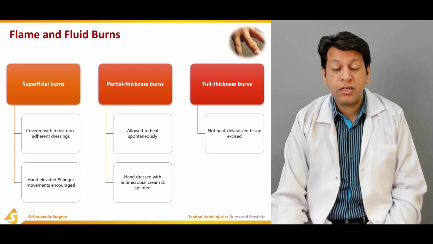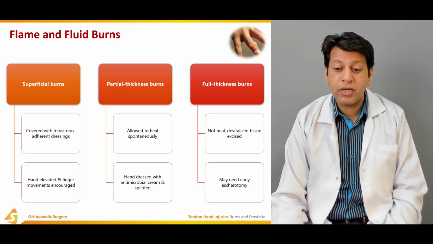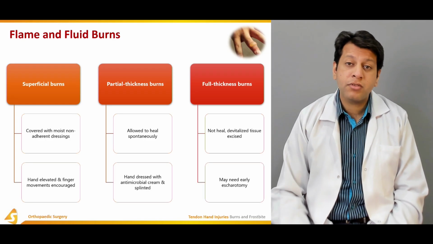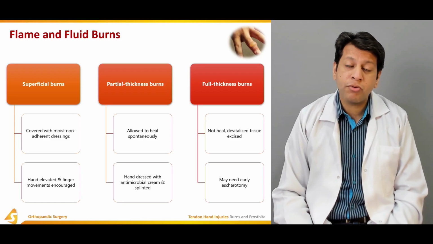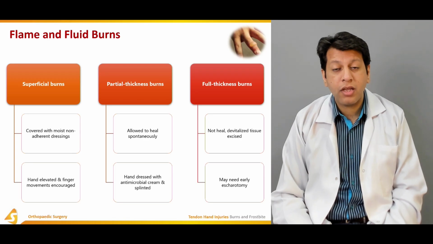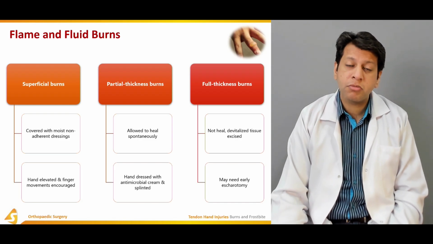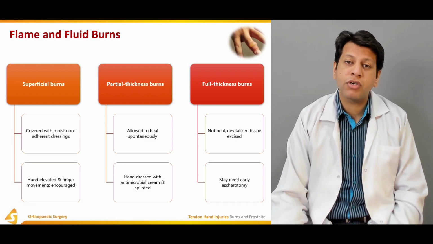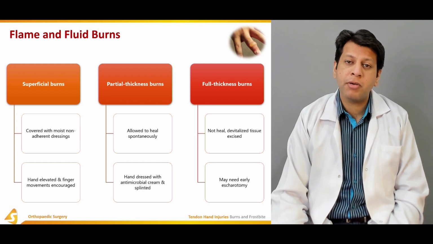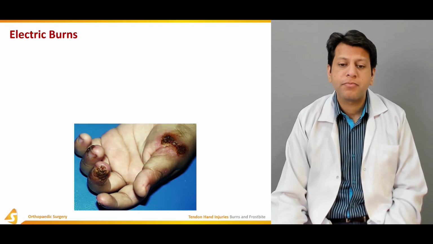This devitalized tissue has to be excised, necrotic tissue removed and debrided, and sometimes the compartment becomes so tight due to edema that there is a risk of compartment syndrome. Therefore, escharotomy may be required, especially in full thickness burns. We also have to make sure the patient's fluid requirements are met, depending on the percentage of body surface burned.